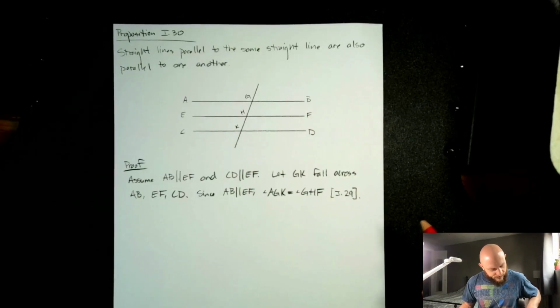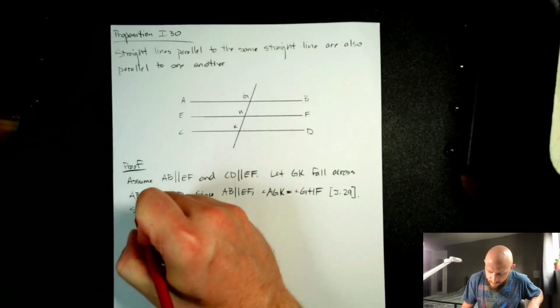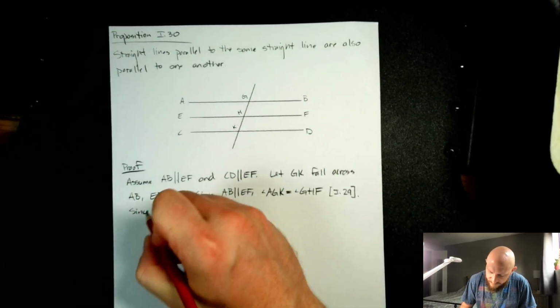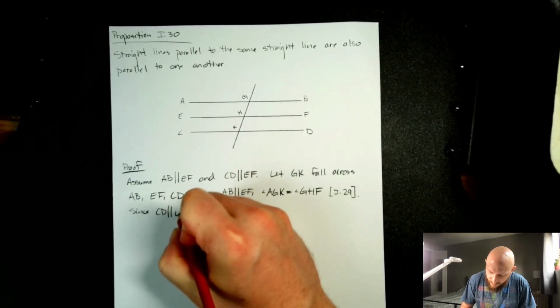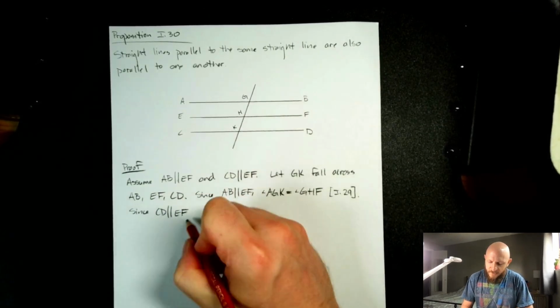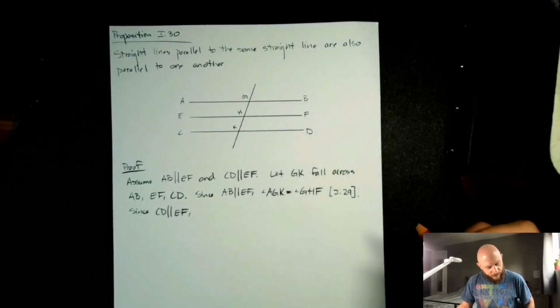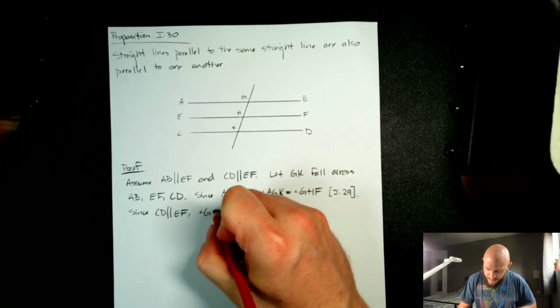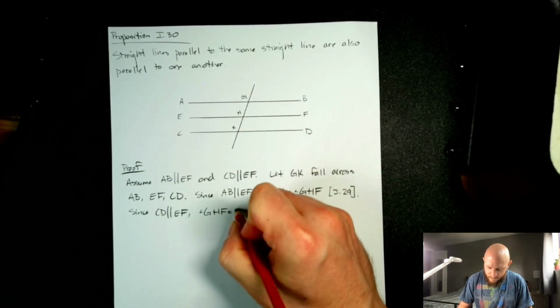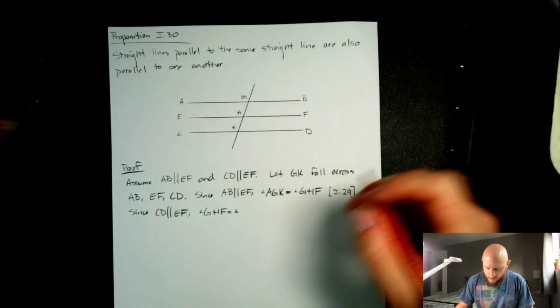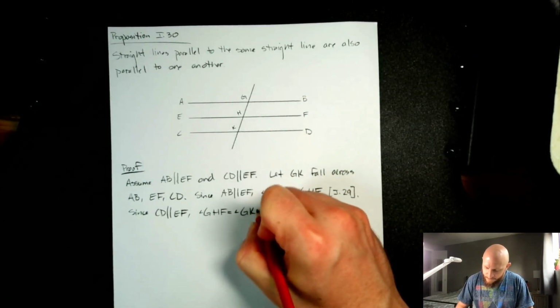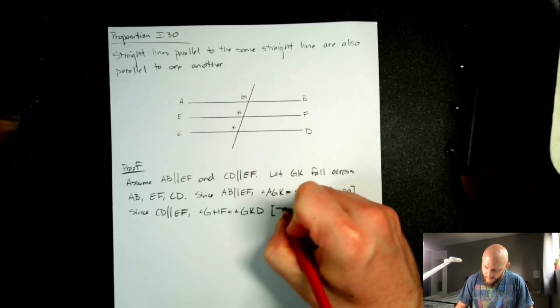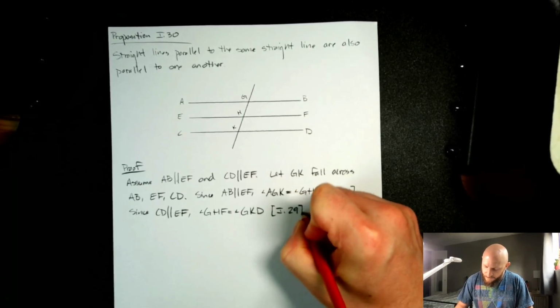Well, then, you can probably see where this is going now. Again, since CD is parallel to EF, we get another couple of equal angles. Which ones are they? In particular, angle GHF is equal to angle GKD. And this comes from Prop 29 also.